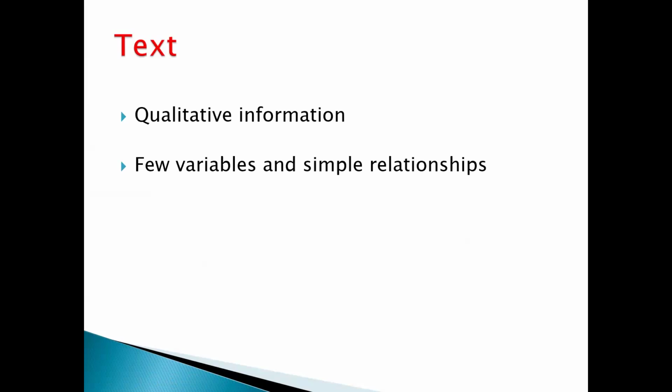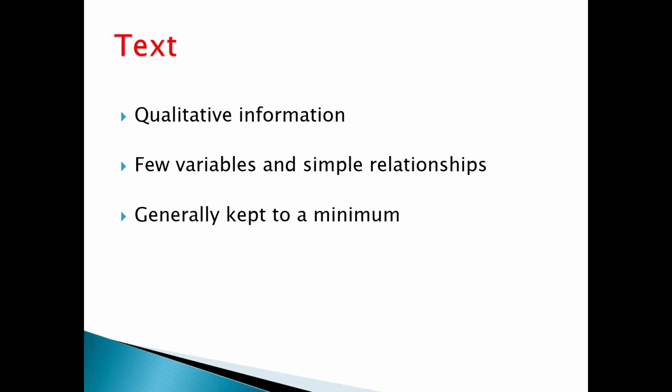And even then, you need to use text only to explain a few of the variables and simple relationships. Once you find that the relationships are complex, never use text to explain them in the results section. And whatever it is, please keep the text to a minimum.